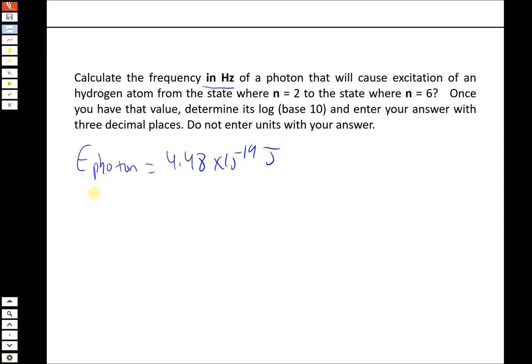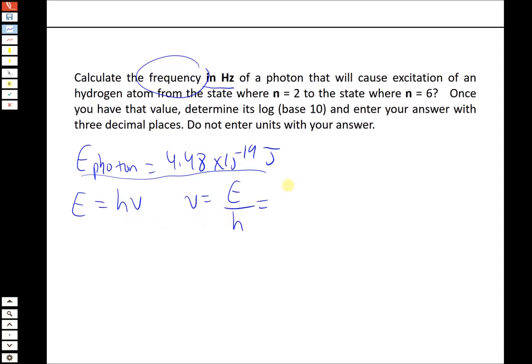And we know that the relationship between photon energy and frequency, which is what we're looking for, is going to be h times the frequency. So if we're going to solve for that, we're just going to take the energy of the photon and divide it by Planck's constant h. So that's the only additional math we have to do in this problem. If you were starting it from scratch, of course you'd have to calculate this number first, and then do this second step here to get energy converted to frequency.